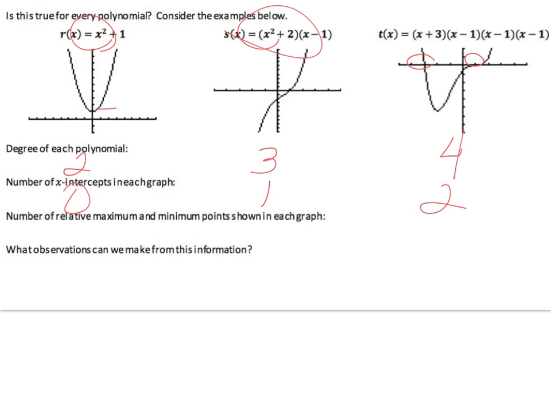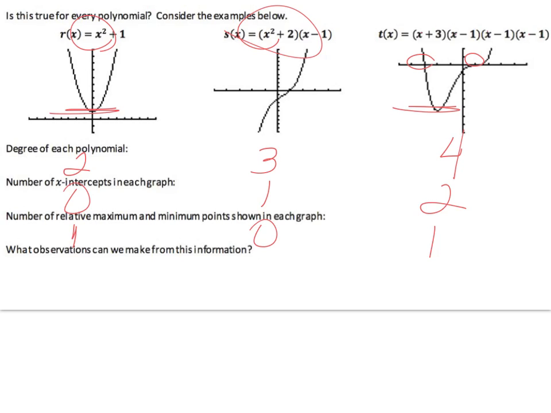The number of relative maximum and minimum, I have 1. Ooh. 1. And now I really can't see 1 in that last one. So it really doesn't have a maximum or a minimum. And 1 right there.